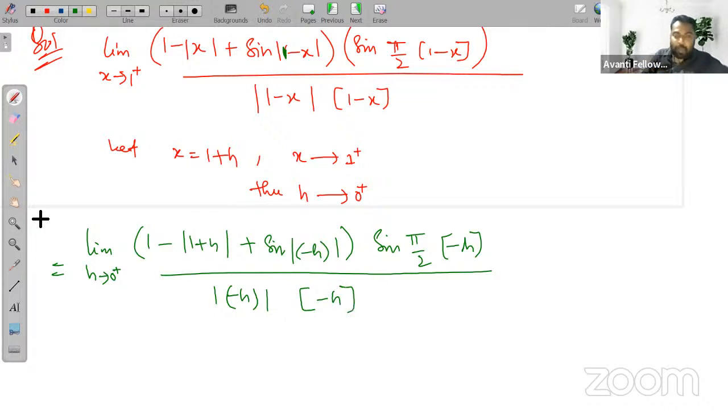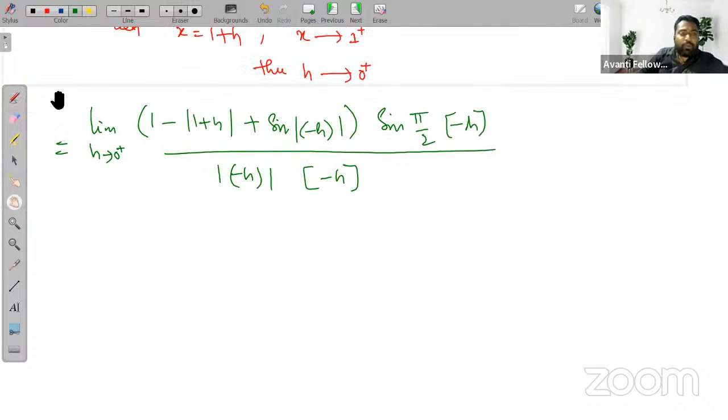Now what should we do? Mod of 1 plus h: h is a positive quantity and 1 is a positive quantity, so 1 plus h is greater than 0.